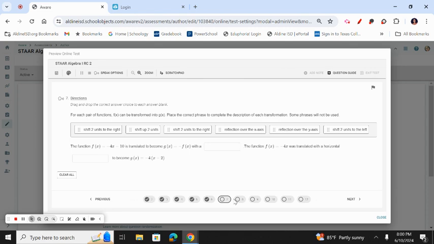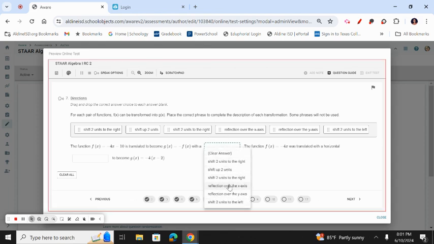Right. For each pair of functions, f of x can be transformed into g of x. So we're going to try to figure out what happened. The function f of x is equal to negative 4x minus 10. It was translated by g of x equals negative f of x. That means that it was a vertical reflection. The only way you can get a vertical reflection is if you reflect over the x-axis.